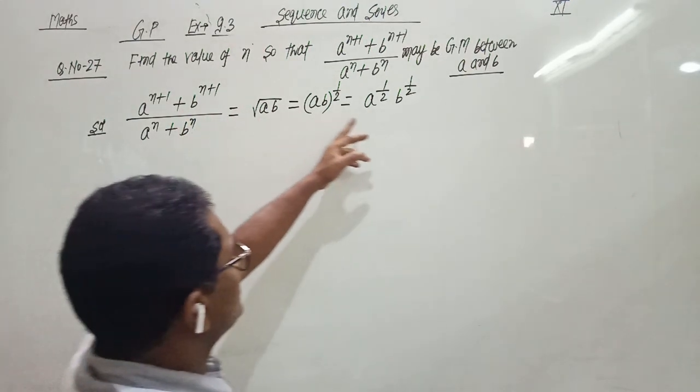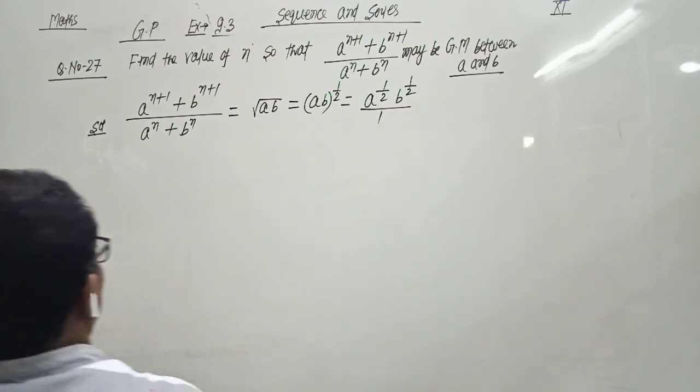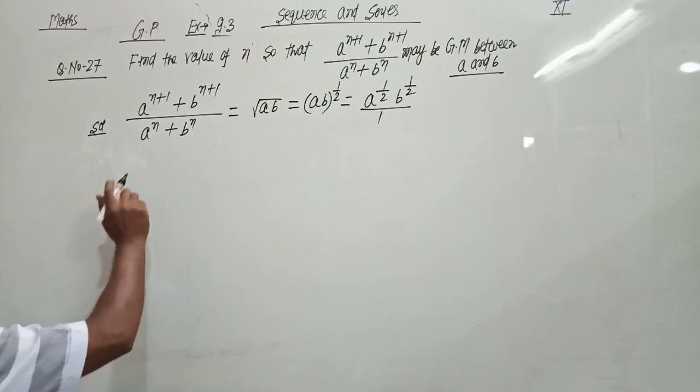Now we do cross multiplication. If there is nothing in the denominator, there is 1. So we do cross multiplication.